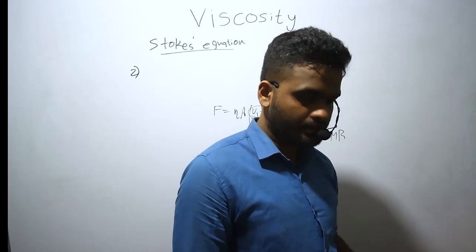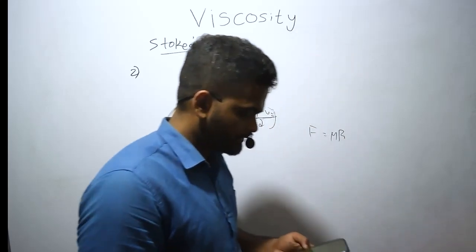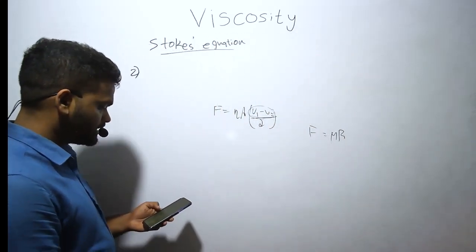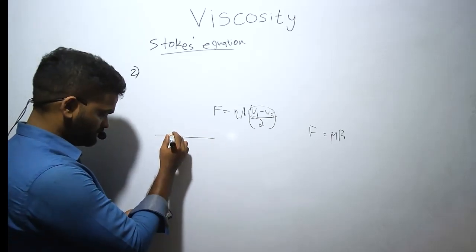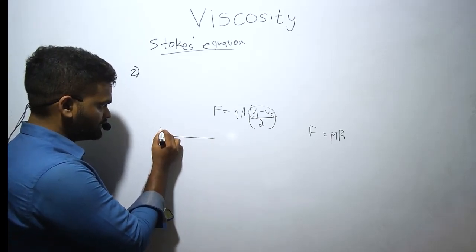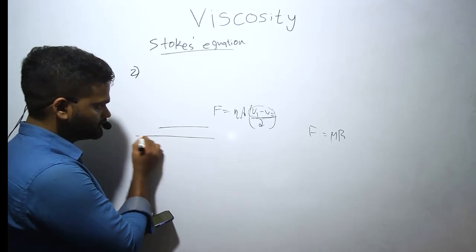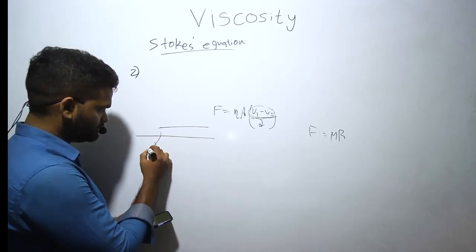Okay, let's see. A uniform layer of a liquid with viscous coefficient eta is on a static horizontal plate. So let's say this is the liquid layer, eta.